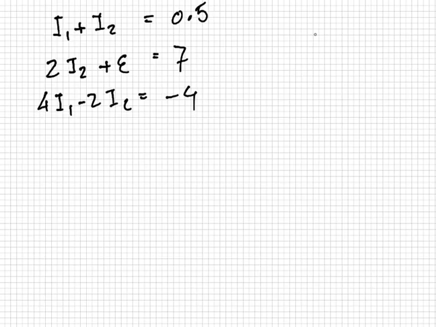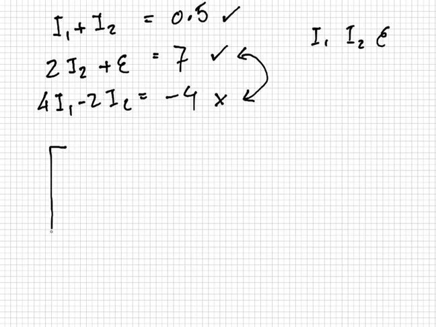So I'll put my block down. We'll go I1, I2 and E. Does this have an I1? Yes. Does this have an I2? Yes. Does this have an E? No. I have to swap these. So will the first one have an I1? Yes. Will the second one have an I2? Yes. Will the third one have an E? Yes.